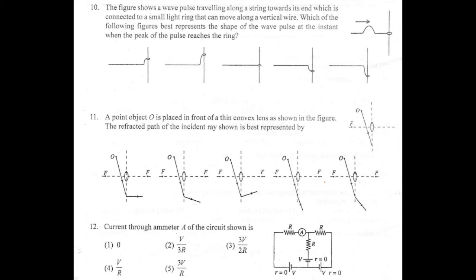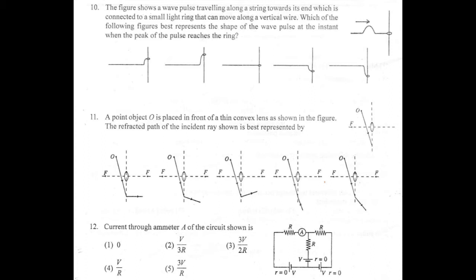And for the next ray, we choose the ray which is parallel to the central axis. So that ray goes through the focal point at the right hand side. And you can lengthen those two rays, and they virtually meet at a point, and that point is at the side of the object, the same side. Object and that image are on the same side.